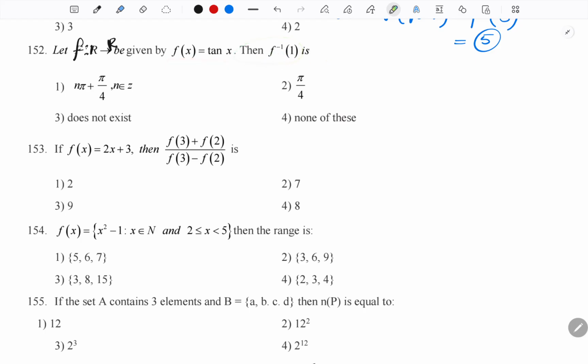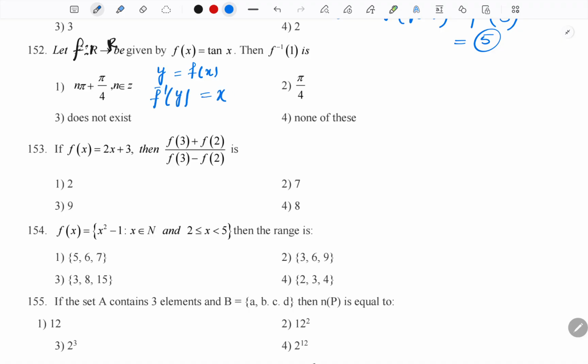Okay, first I am taking here, let y is equal to f of x, right? If I take inverse on both sides, if I send f this side, then what will happen? F inverse of y is equal to x, right?